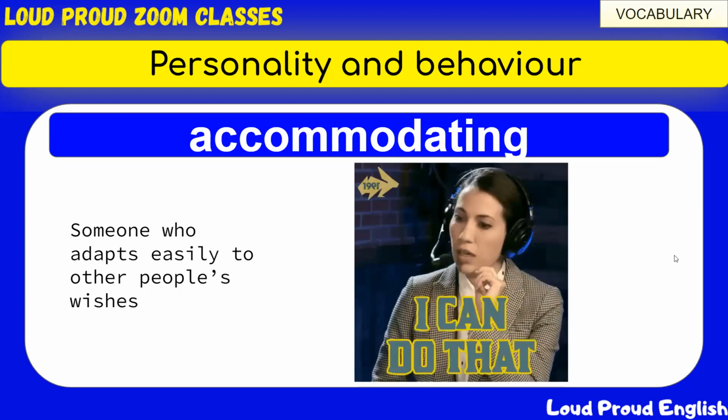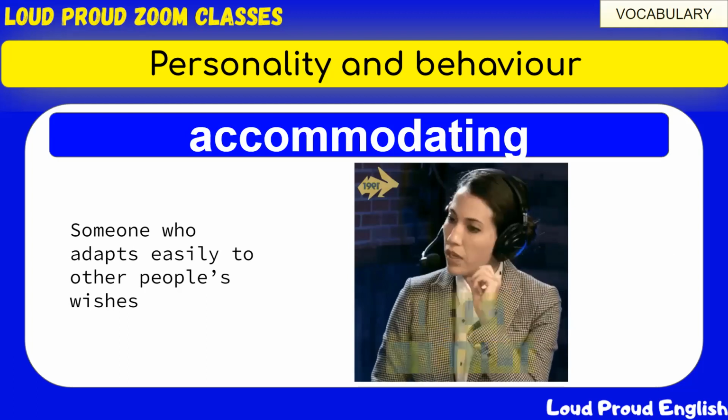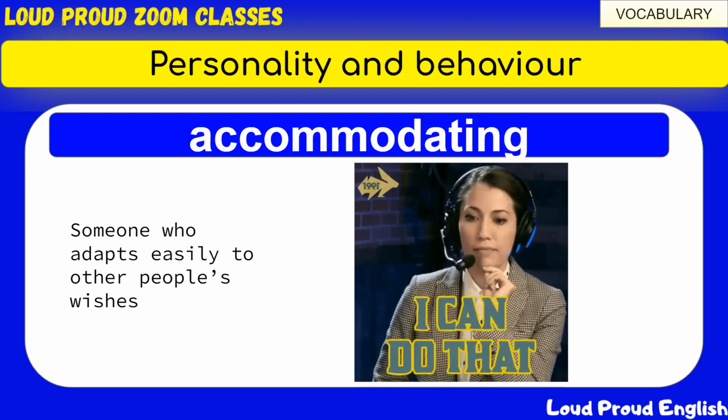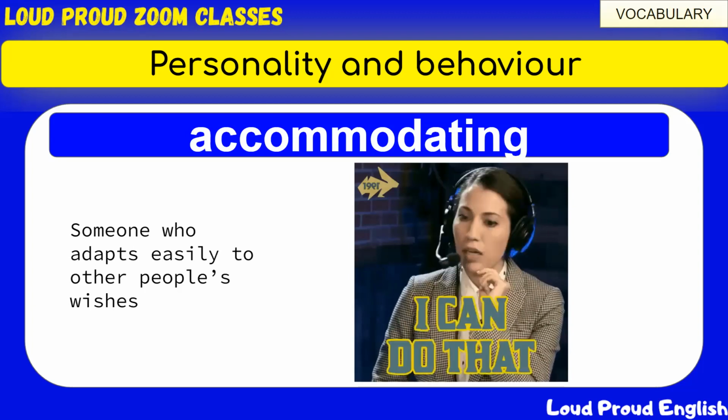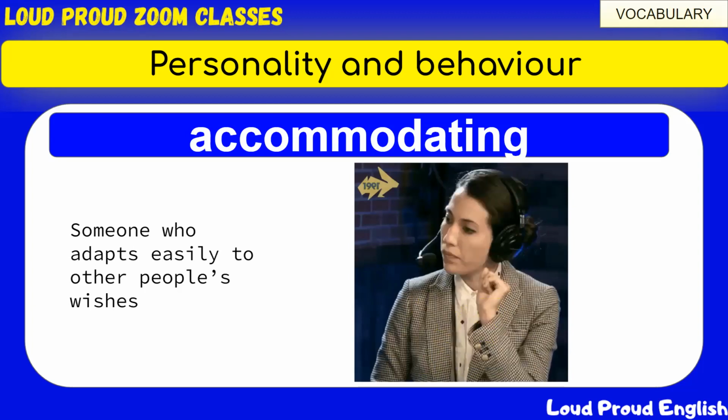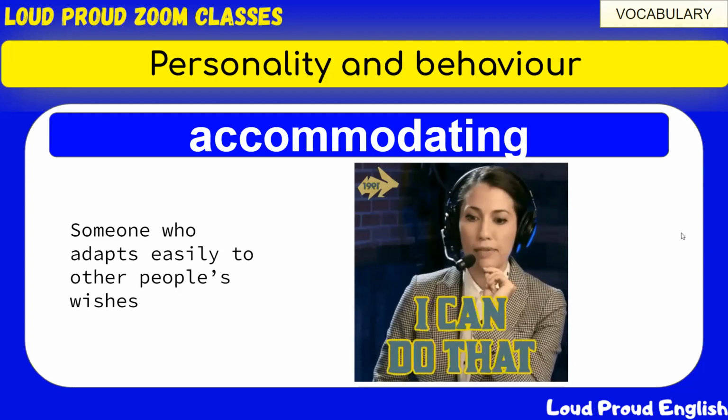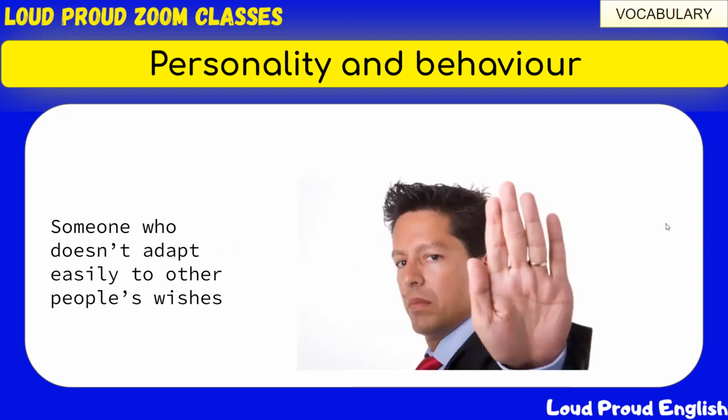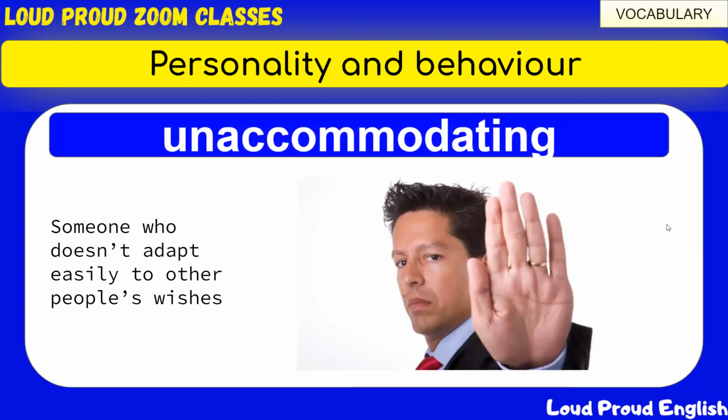Accommodating. So an accommodating person will adapt and adjust and just basically try to give you what you want, especially in a situation if they are a host. Accommodating. Now, obviously, the opposite is unaccommodating.